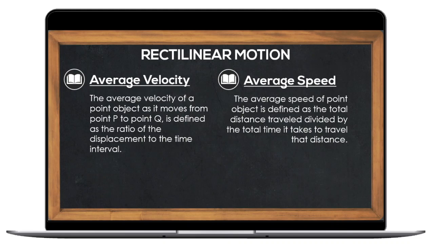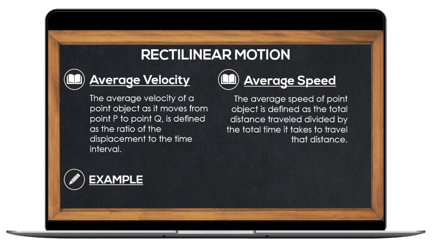Whereas the average speed is the total distance traveled divided by the total time it takes to travel that distance. So average velocity is also a vector quantity, whereas average speed is a scalar quantity.